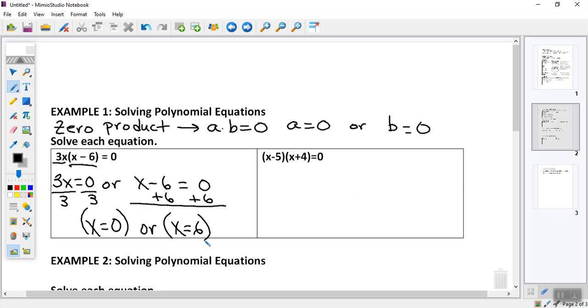Okay, now I'm going to make a connection here and show you something, but watch this right here. If I throw 6 into the original equation, what's 3 times 6, kids? 18. And now what's 6 minus 6 here? 0, right? Well, what's 18 times 0 going to make? 0. Now I want to make a connection here, and I want to show you this, because this is really pretty cool. We think the two answers are possibly 0 or what here, kids?